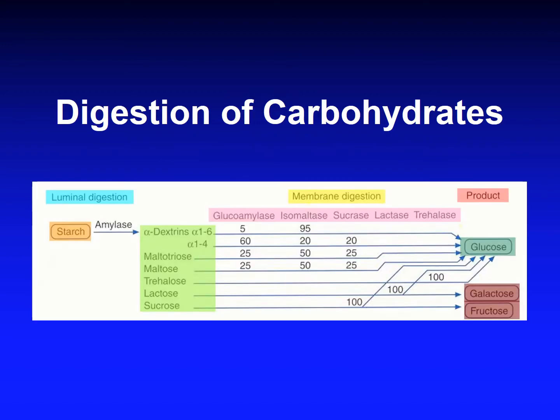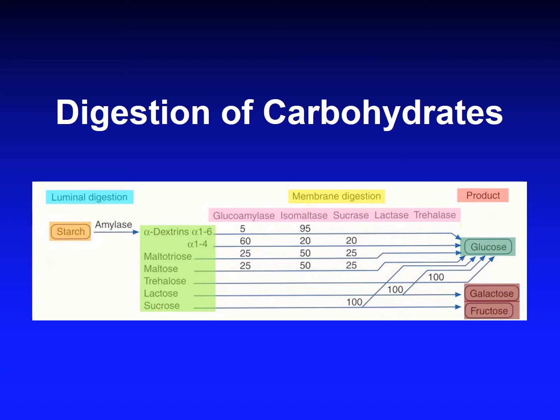Okay, so this little table will basically summarize how carbohydrates are digested. On the left-hand side of the table, you have luminal digestion, and on the right-hand side, you have membrane digestion.